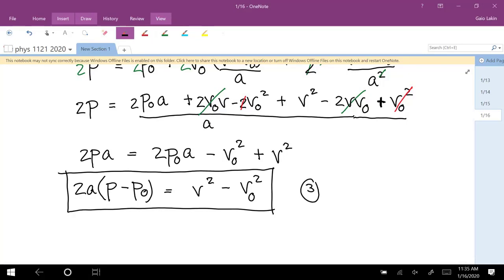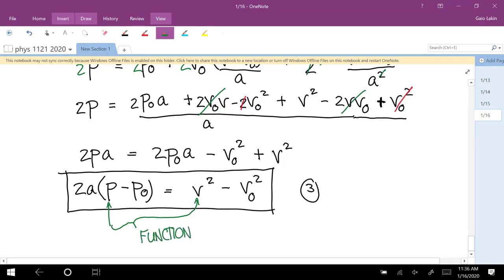So the things that you need to keep in mind are these two are functions of time, even though we don't have an explicit dependence on time. Those have to be at the same time t.